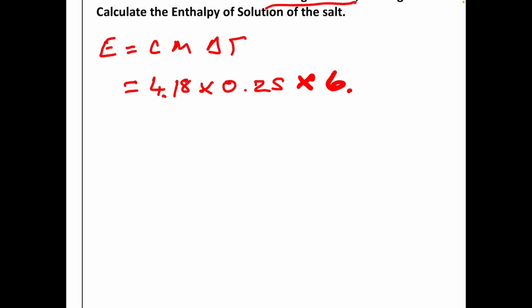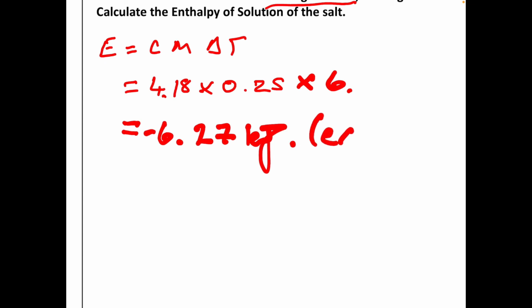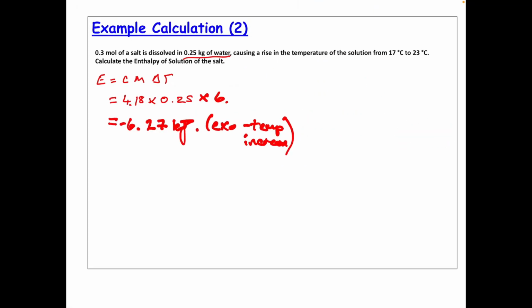So the answer there is going to be 6.27 kilojoules. And it is negative because it's exothermic, because the temp increases. So hopefully that makes sense.